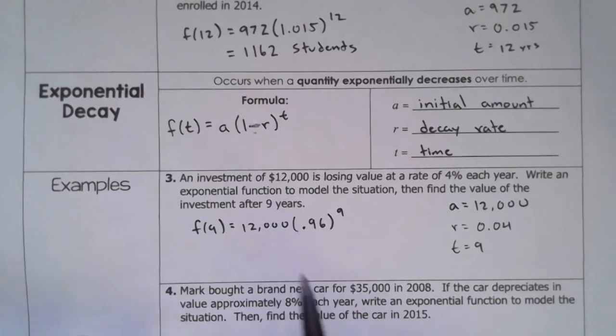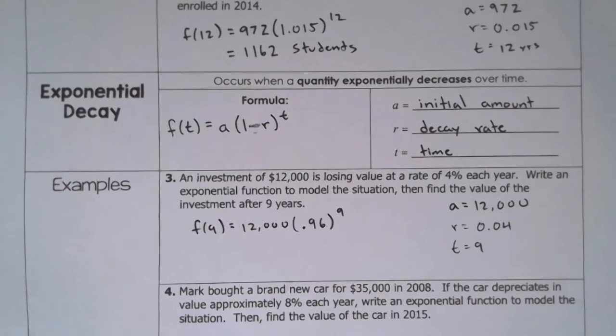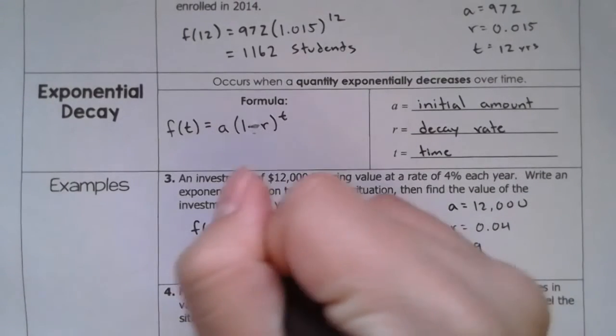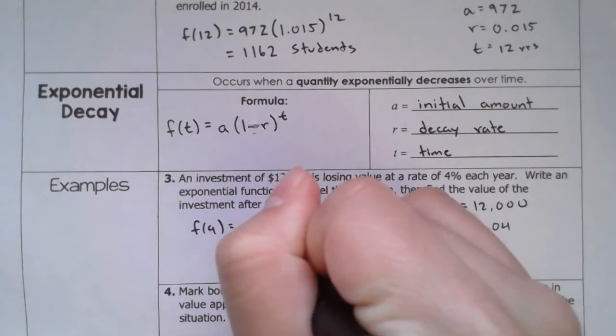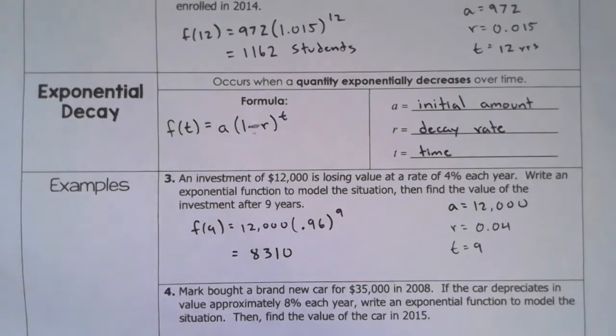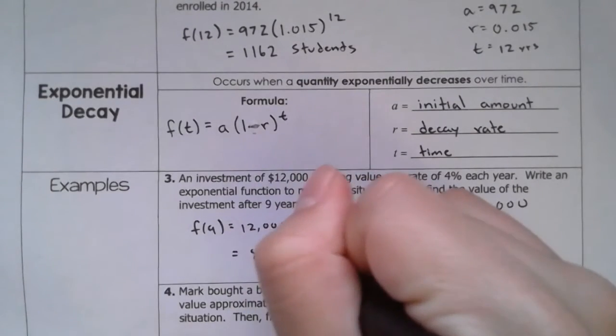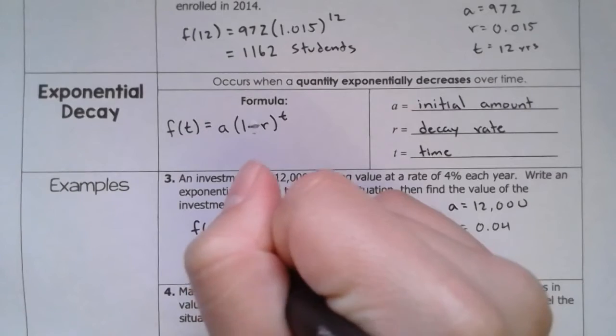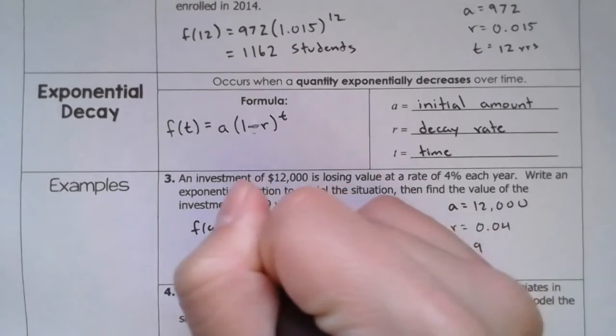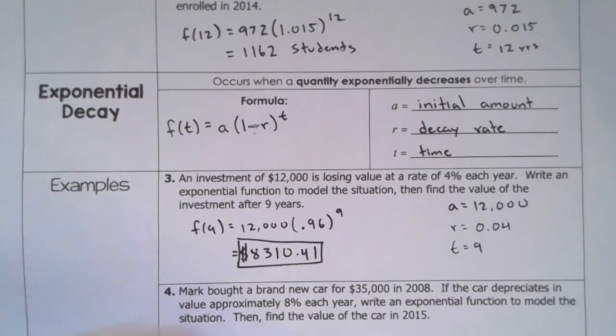Then put this in your calculator, and you're gonna get 8310.41, and we're talking money, so $8,310.